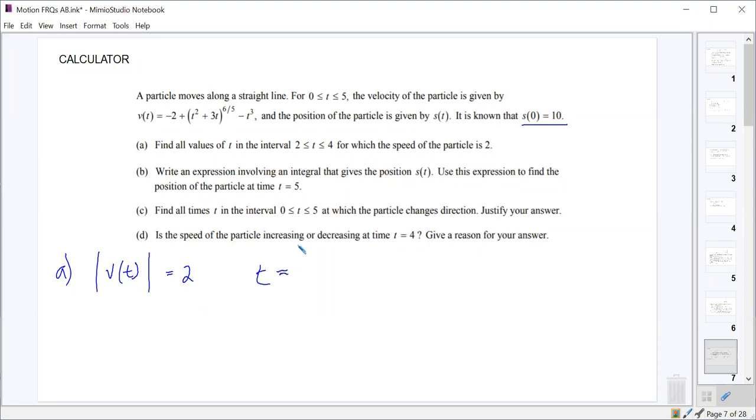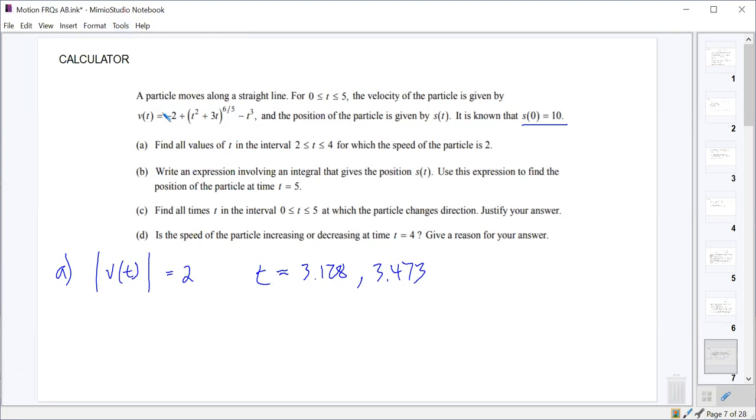There are two different places: one is 3.128, and the other is 3.473. So graph the absolute value of this function, graph y equals 2, and get those two values.